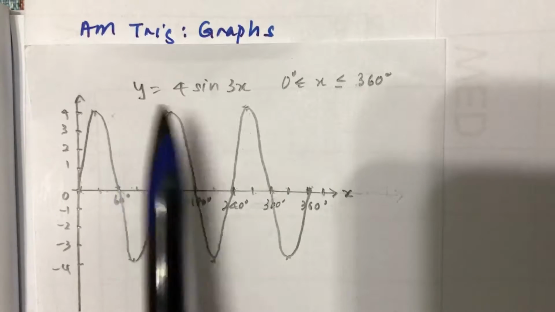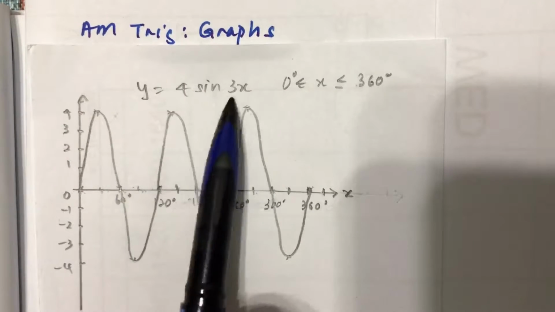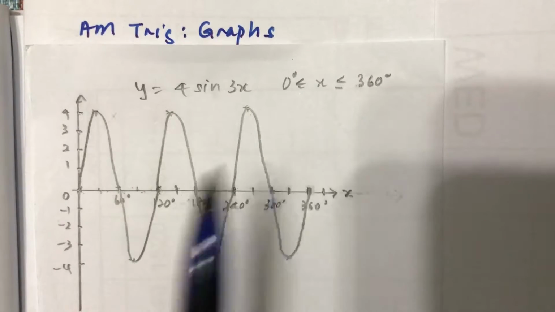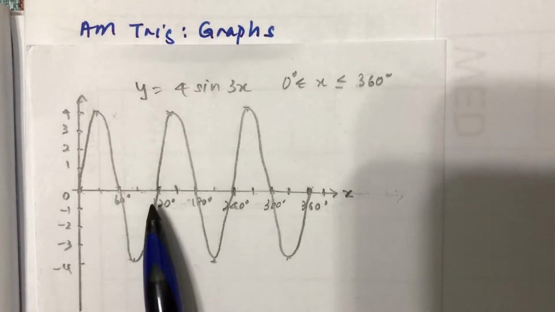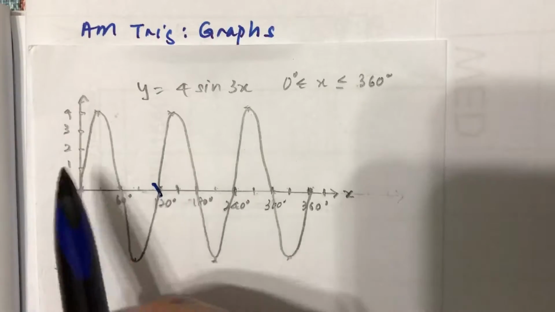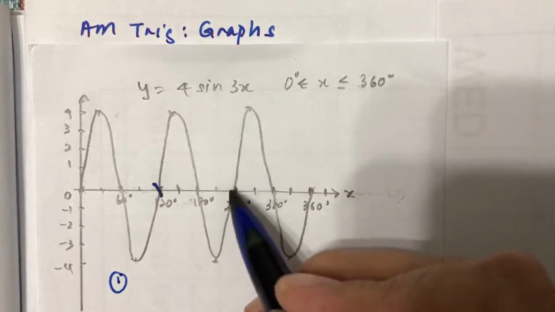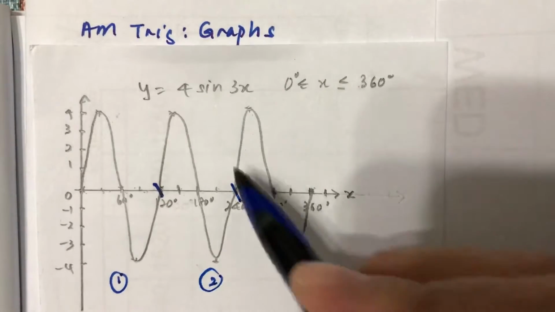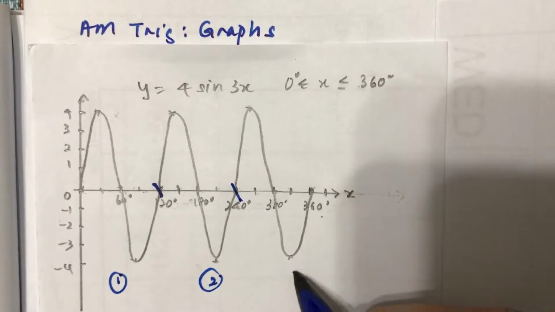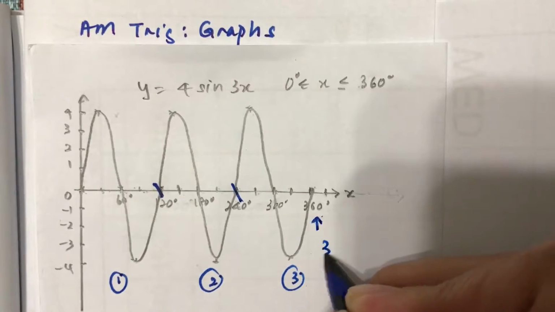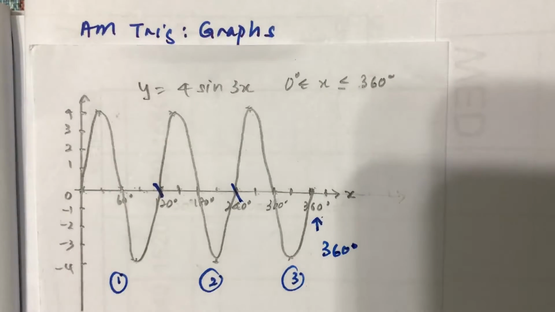For a normal function like 4 sine 3x, if x is between 0 and 360, you would be able to fit in 3 graphs, right? So you have mountain, valley, this is the first, mountain, valley, this is the second, mountain, valley, this is the third. So you can fit in 3 graphs up to 360.